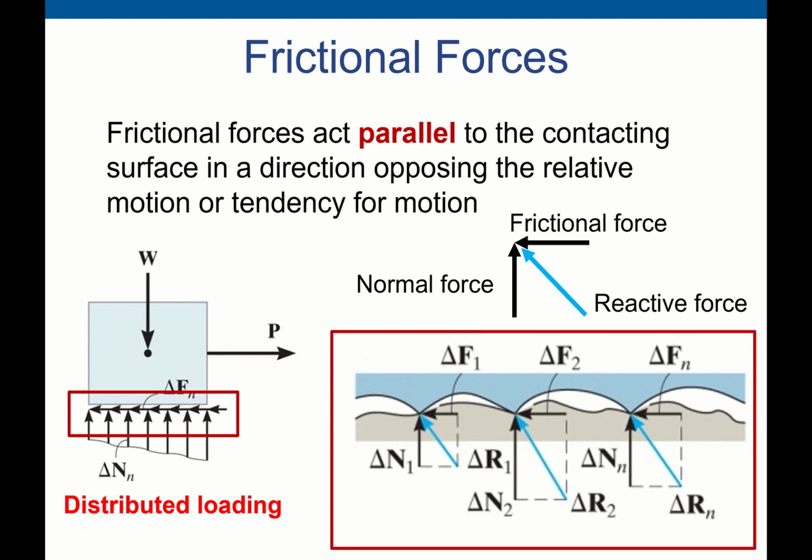Even though the contact surface is not very even and smooth, we learned distributed loading, so we can simplify the problem with one normal force and one frictional force. Let's assume that the contact surface is very even and smooth, so we have only one normal force and one frictional force.